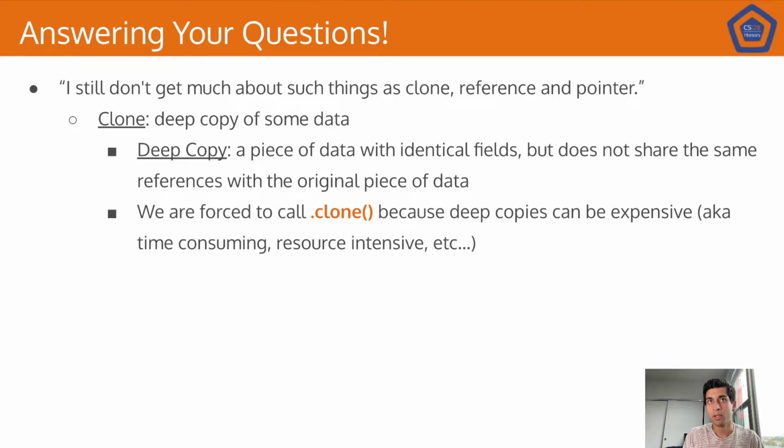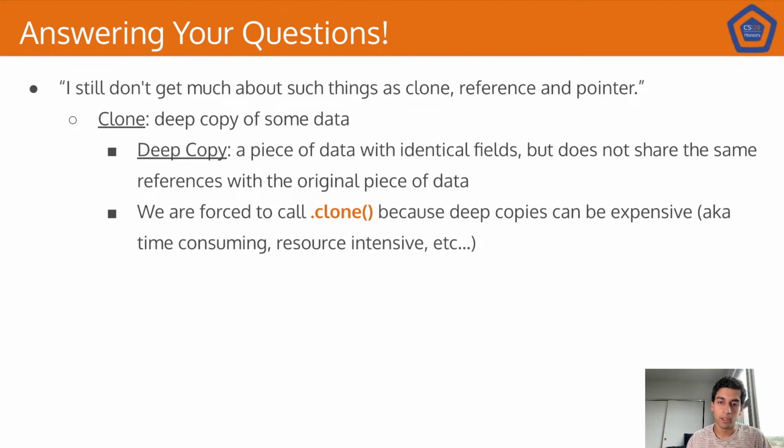Okay, and so we call .clone in Rust when we want to make a deep copy of some data that's expensive, because making deep copies can be time-consuming, resource-intensive, whatever it may be. We don't have to copy things like integers, booleans, primitive types, because those are simple to copy. They're just a number.